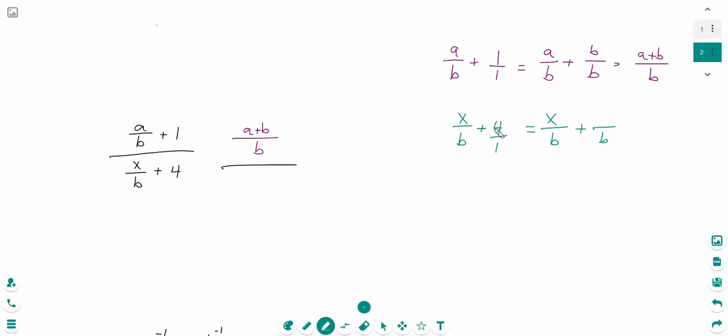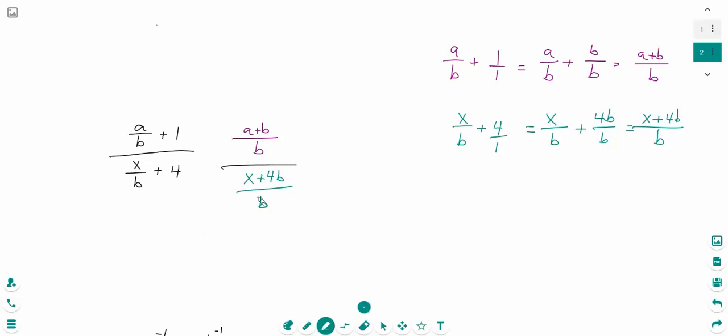And then that's going to make us multiply the 4 by a b, so we're going to get 4b. All right, now we can combine the numerators, x plus 4b over the common denominator of b. So our new denominator here is going to be x plus 4b over b.